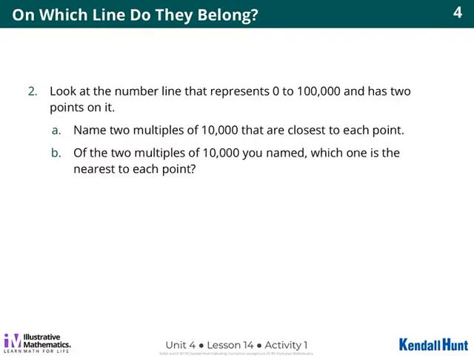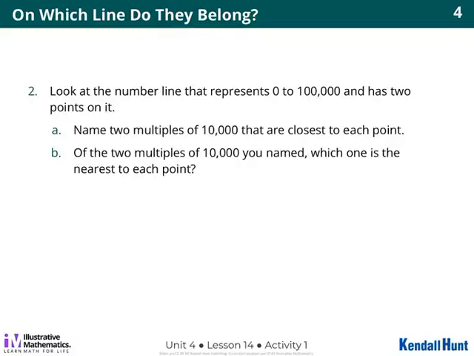Okay. We are going to go over a couple of things. The first thing, I think most of you got this, but we're going to quickly go over it. We're going to look at activity 1, number 2.